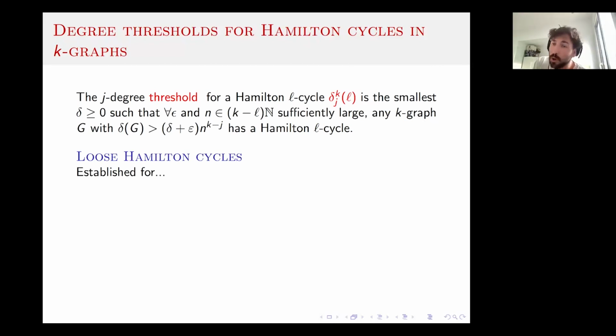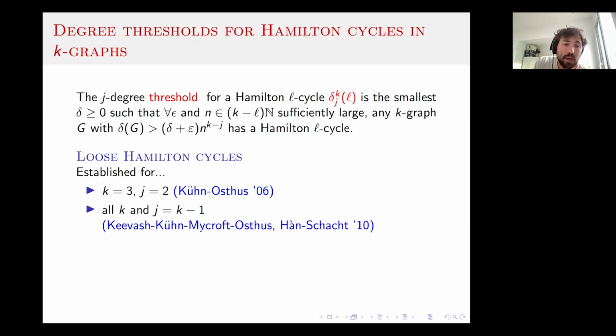So let me tell you what's known. This was the result on the previous slide of Coulson. After a bit of time, this was generalized to all k and co-degree, so j = k-1, by two separate sets of authors in 2010. The next breakthrough was in 2013, which could do vertex degree for 3-uniform.